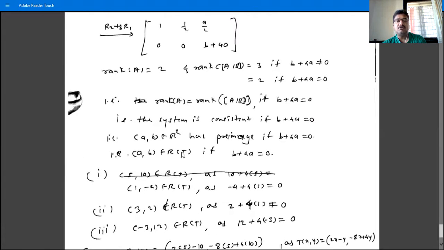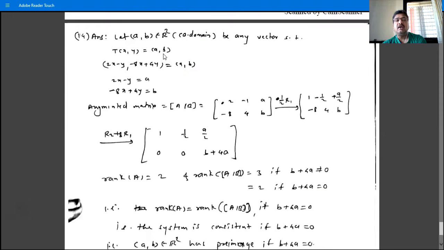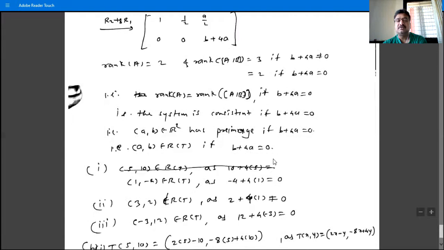That is, AB belongs to the range of T, R(T), if B plus 4A is equal to 0, because we know that any element of the codomain belongs to the range of T if it has a pre-image.